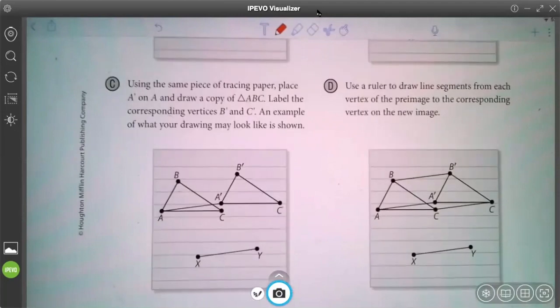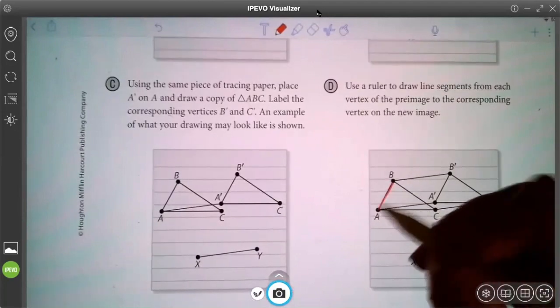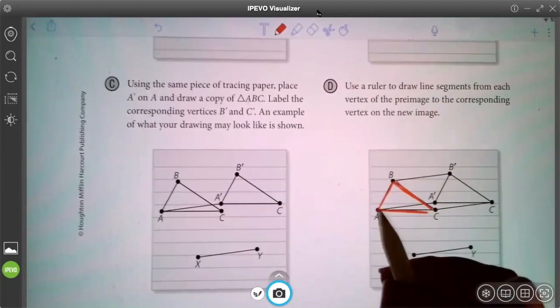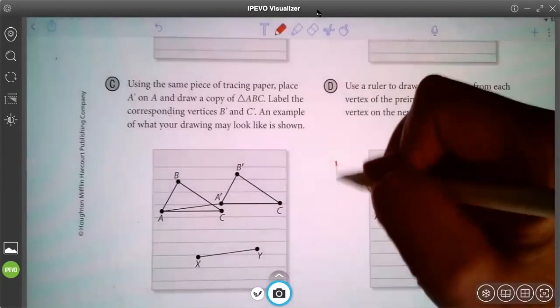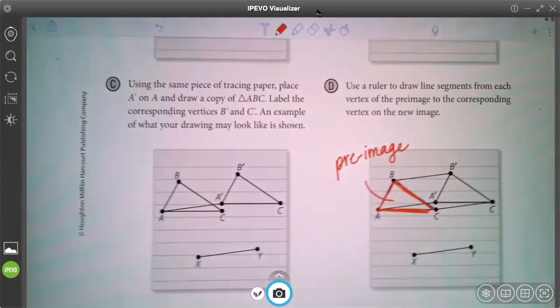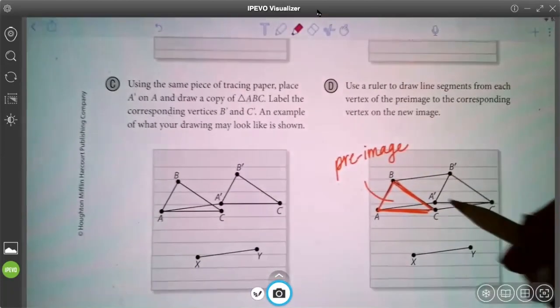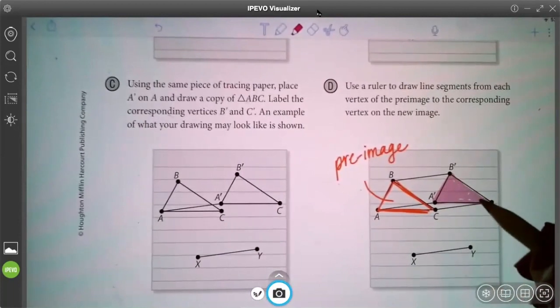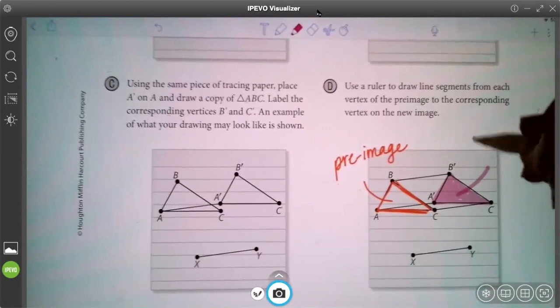If you have these two triangles here, triangle ABC is going to be called the pre-image, while triangle A prime, B prime, C prime is going to be called the image.